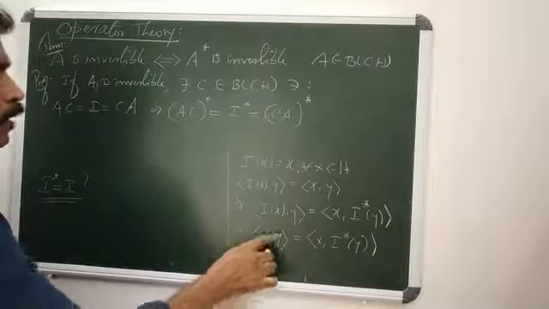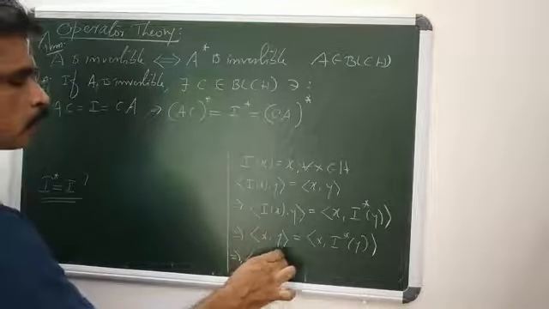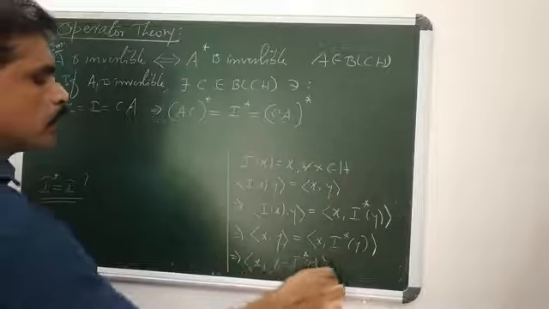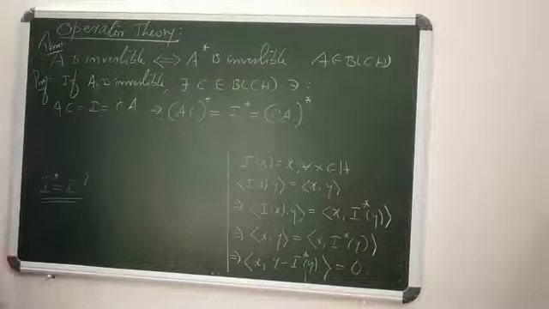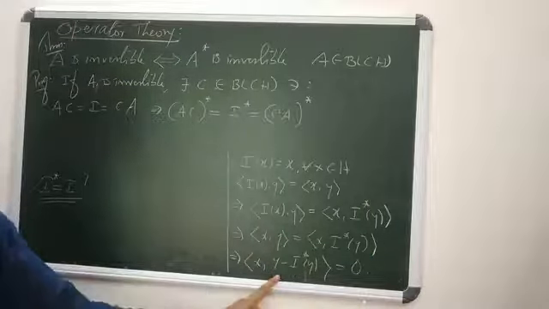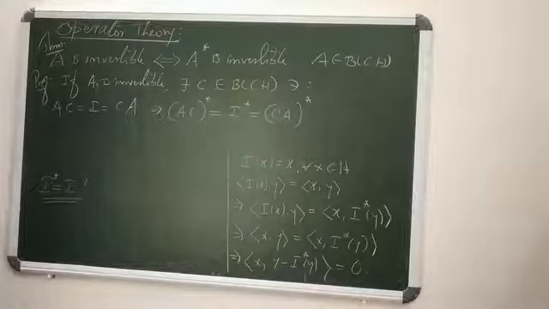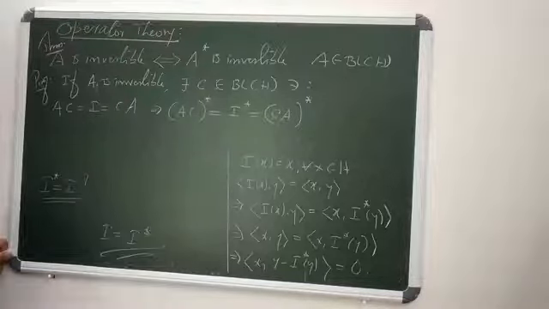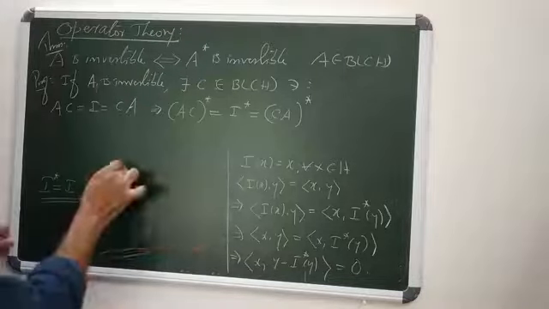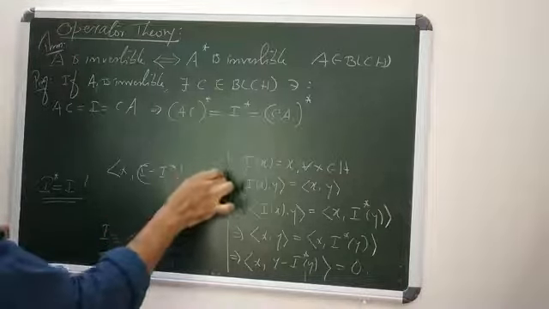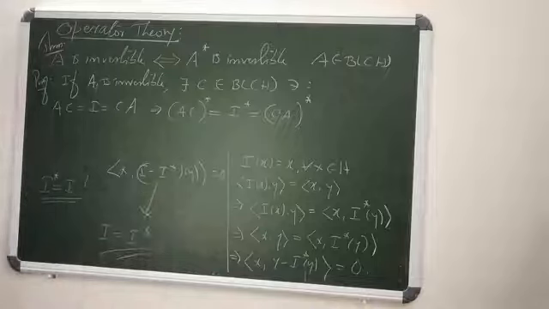This means the inner product of x and (y minus I star y) equals 0. That means (I minus I star) of y equals 0. That happens only when I equals I star. That means I minus I star is 0, that is I equals I star.